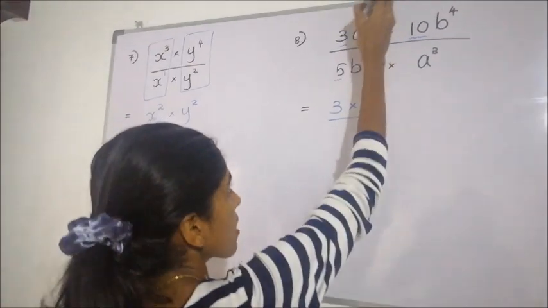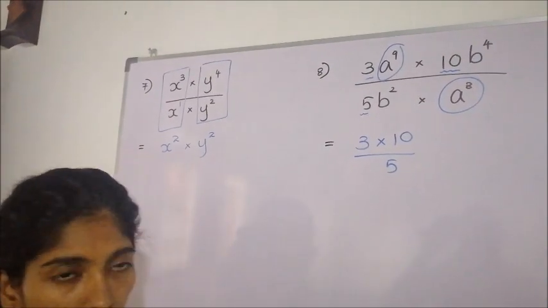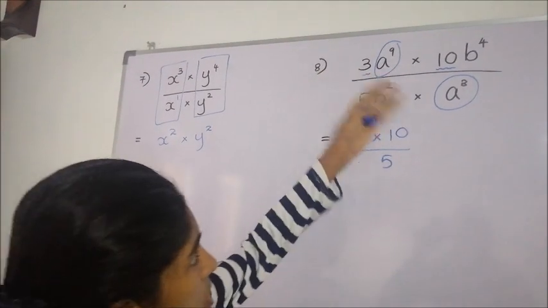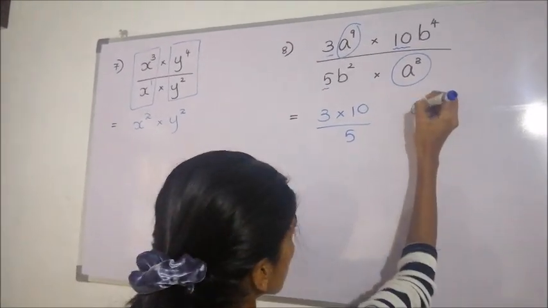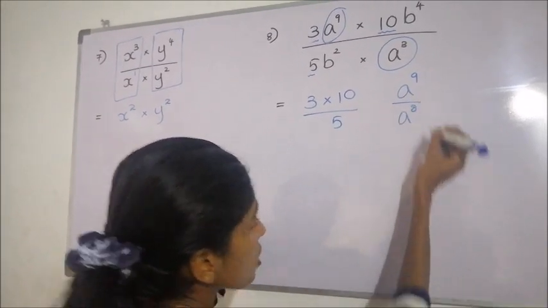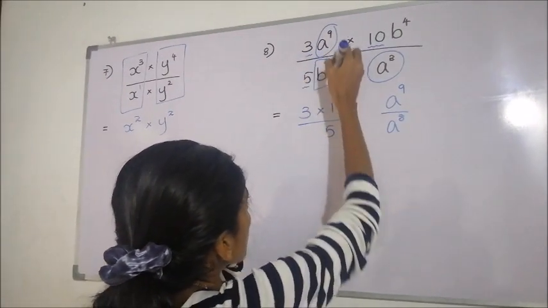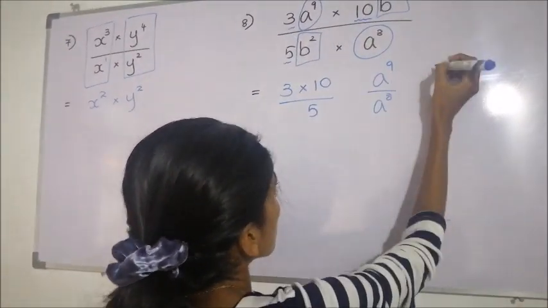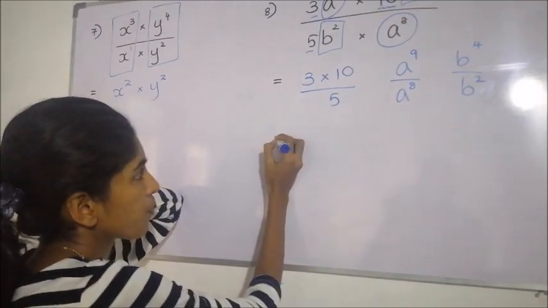Then I can see the powers with the base A are located in two different directions. But doesn't matter, we will take them separately. We will write them together. A to the power 9 divided by A to the power 8. No problem. Next, powers with base B. B to the power 4 divided by B to the power 2.